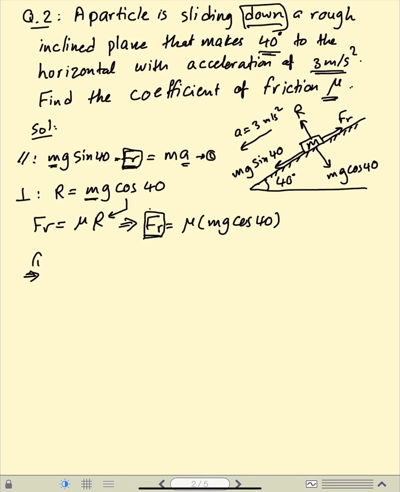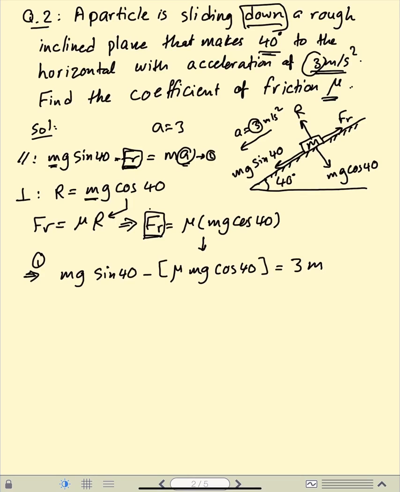So back to equation number 1 now. mg sine 40 minus this instead. Replace Fr by this: mu mg cosine 40 is equal to 3m, because we are given a is 3 in the question. a is 3 as shown here.